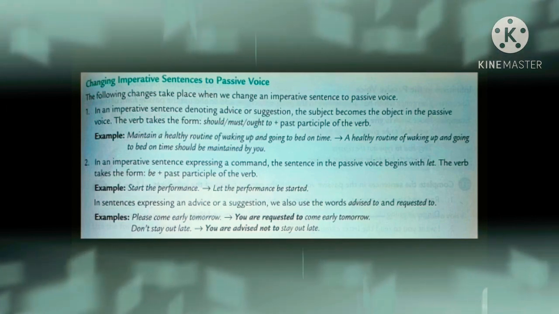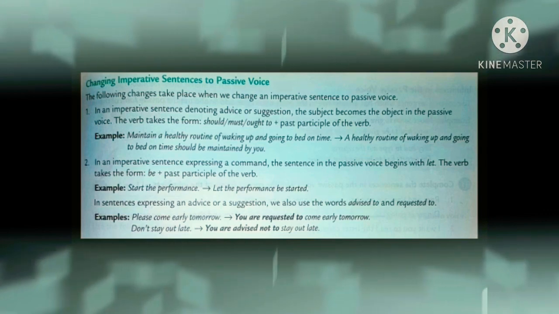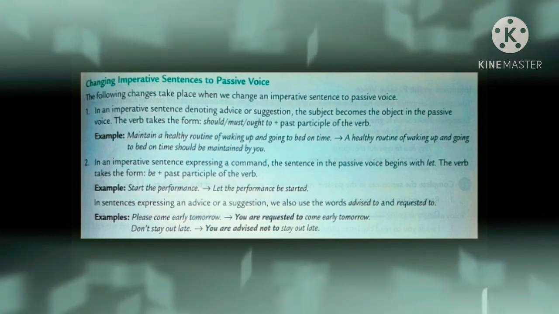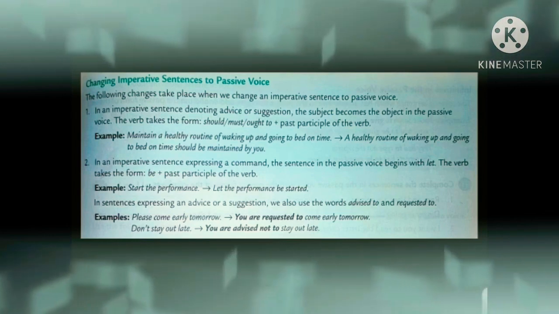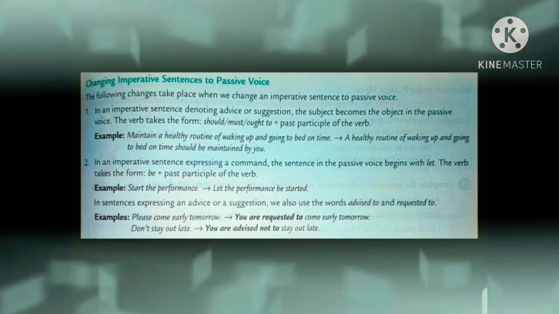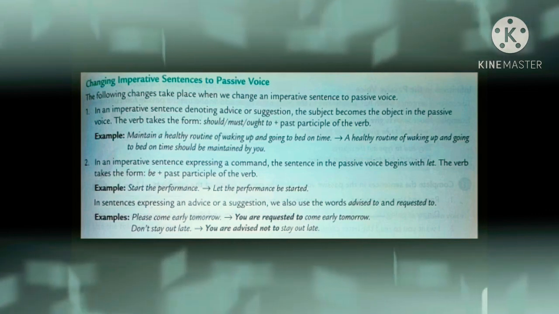In an imperative sentence expressing a command, the sentence in the passive voice begins with let. The verb takes the form be plus past participle of the verb. For example, start the performance. And when we convert it, it will be like let the performance be started.